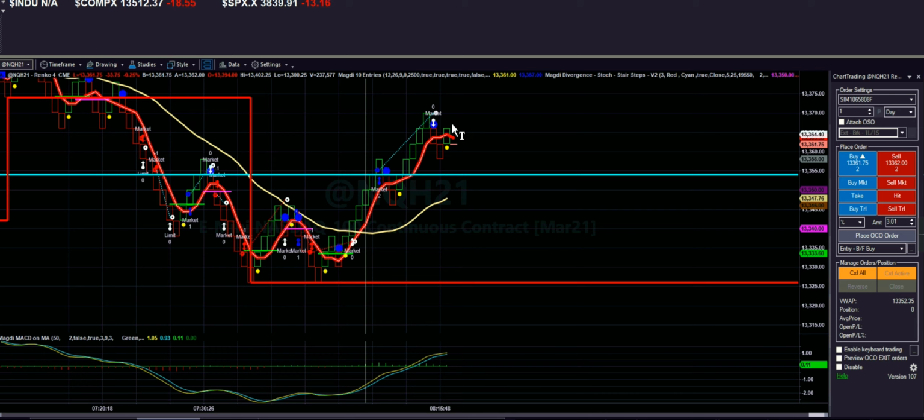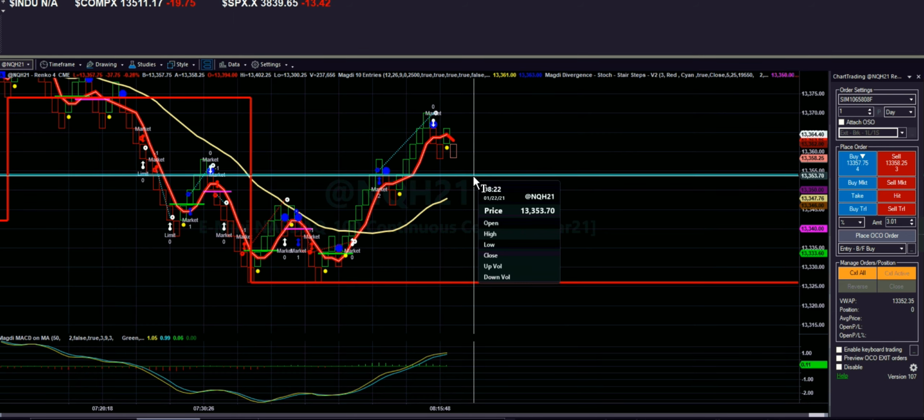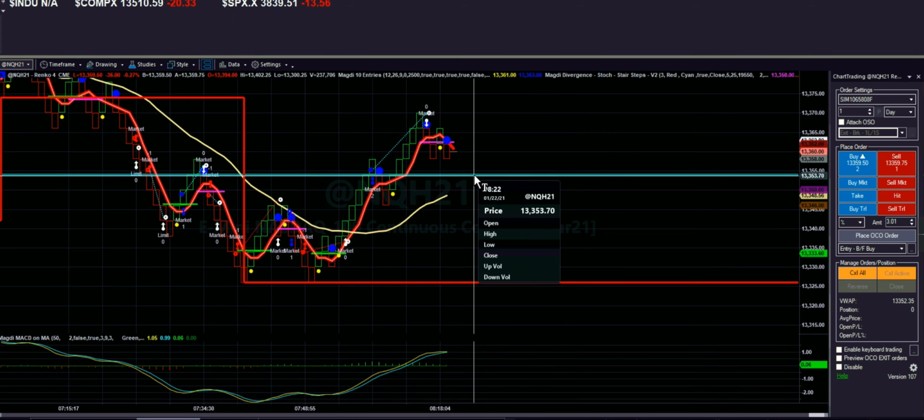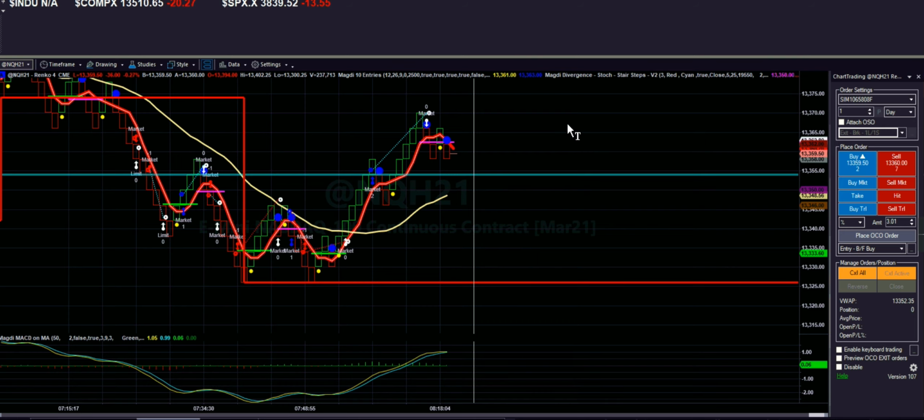There is a sign right here, and there is going short, but it may go touch the support first before we go back up again. We'll see that.